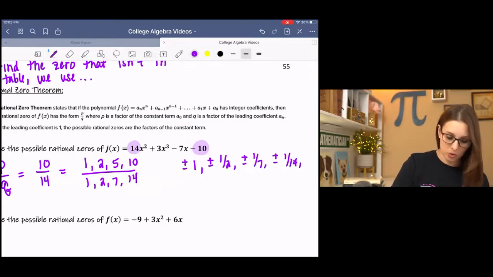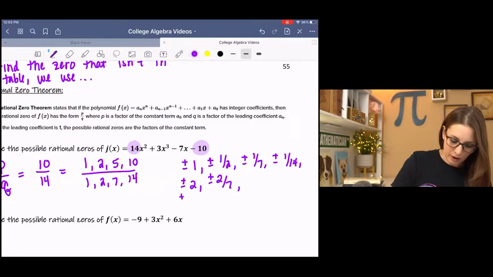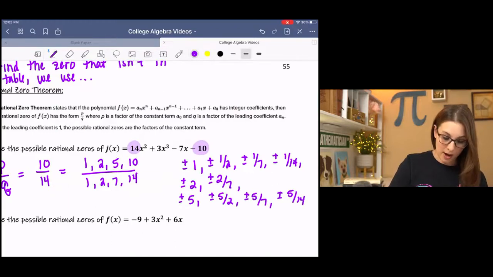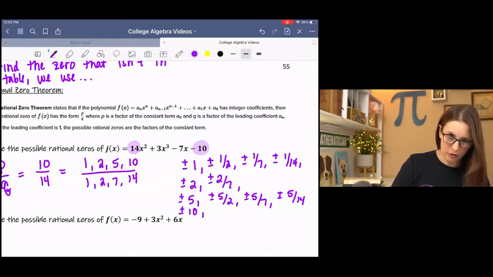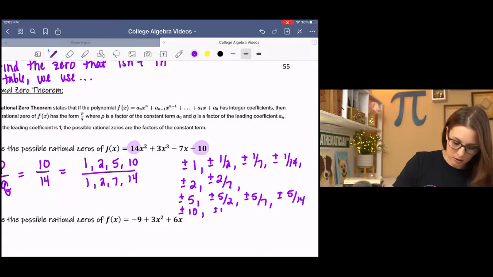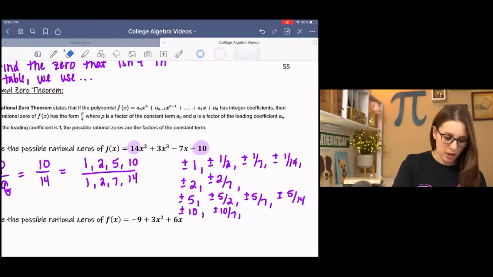Then you go to the 2's, 2 over 1. 2 over 2 is just 1, so I'm not going to write that again. 2 over 7. 2 over 14 is 1/7, so I'm not going to write that again. 5 over 1, 5 over 2, 5 over 7, 5 over 14. And the last one, 10 over 1. 10 over 2 is 5. 10 over 7. And then 10 over 14 is 5/7, so I don't have to write that again.